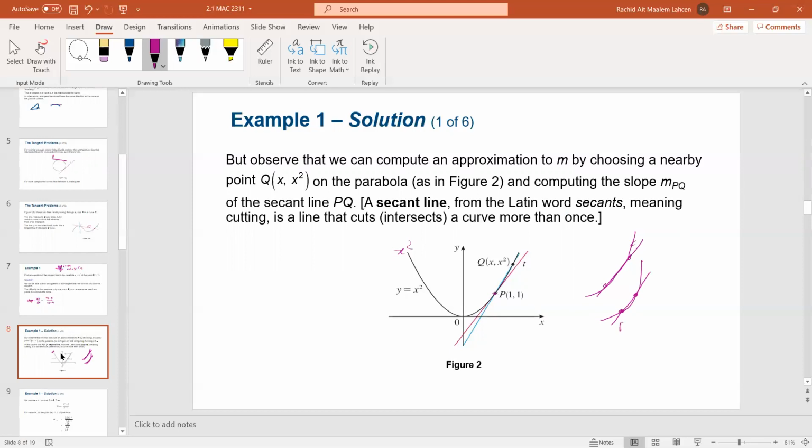We're given a point already, so we come up with this Q point so we can calculate the slope of this secant line. If you're not familiar with this notation, x squared, of course, what it means is just a function. If you put x as input, you get x squared. If this is a, then this is going to be a squared, because you put a here and it becomes a squared.